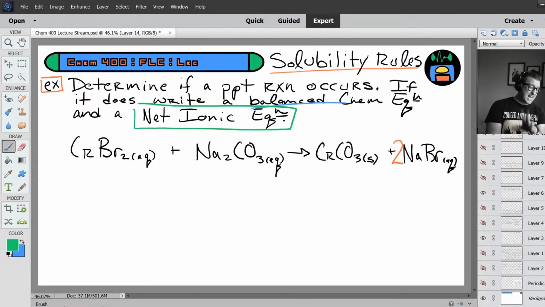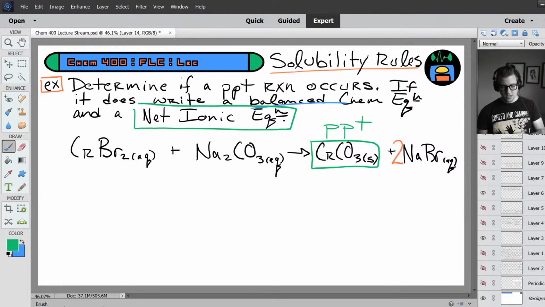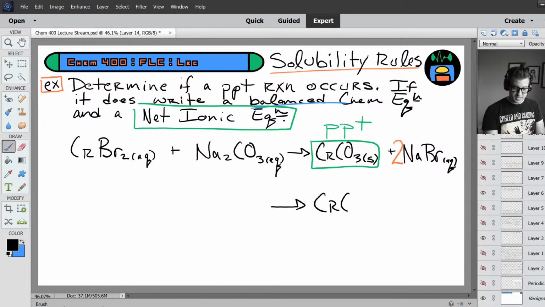But it's long, and as you've experienced, time crunch is a real issue on exams. So one way to save yourself a ton of time, whenever you need to write a net ionic equation, look at your balanced chemical equation and identify your precipitate. For every net ionic equation, the only product will be that precipitate.